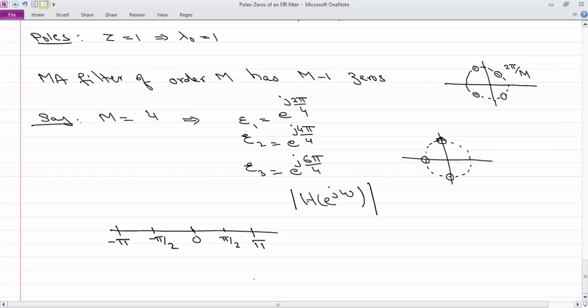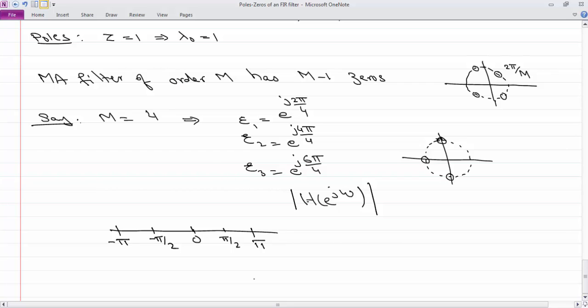So one thing is, I know that in the direction of the zeros, my magnitude response will be pulled down. Secondly, how far the magnitude response is going to be pulled down is a function of how far away the zero is from the unit circle. Now in this case, the zero is exactly on the unit circle, which means my magnitude response will be pulled down exactly to 0 in those directions.